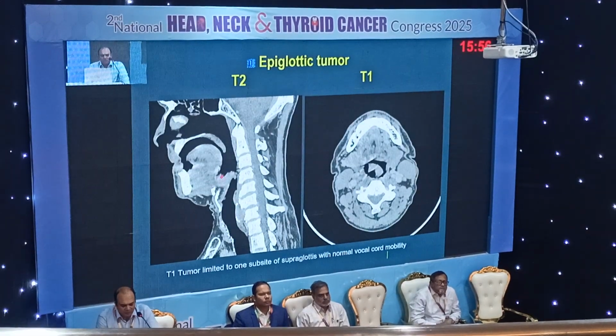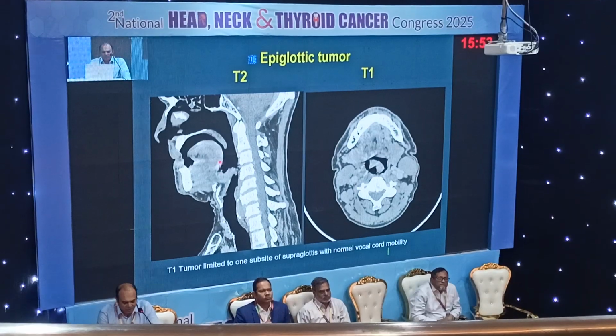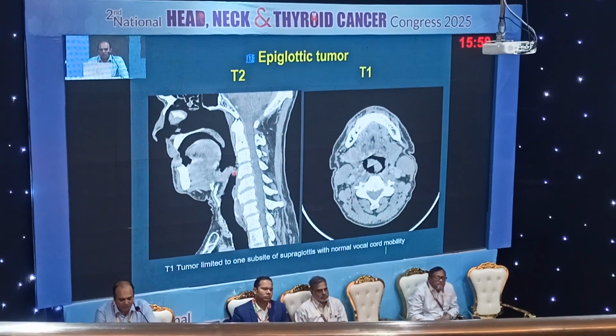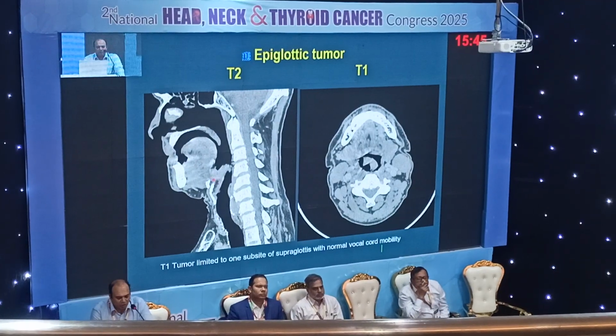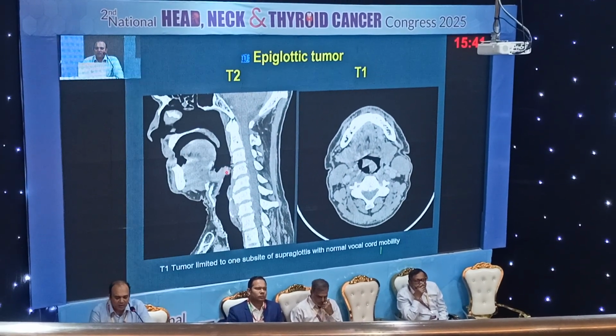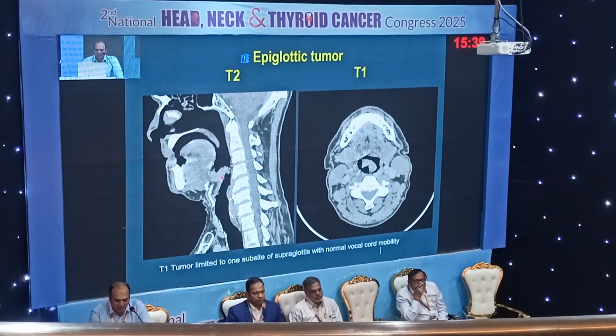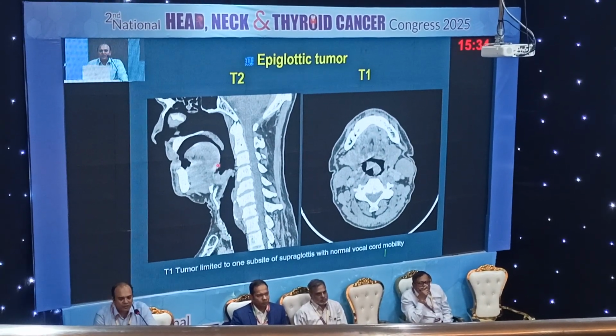So you can see an enhancing lesion in the vallecula. This is base of tongue, vallecula, and extending into the lingual surface of the epiglottis. If it is a lesion arising in the vallecula, extending into the lingual surface of the epiglottis, it is T3. But if it is a lesion in the epiglottis extending into the vallecula or even the base of tongue, that's only T2.